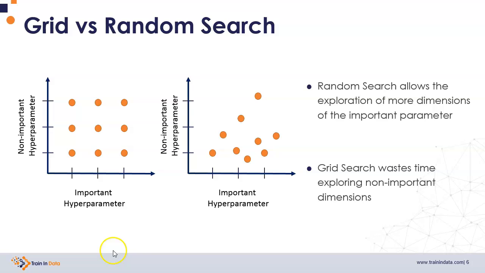Now imagine, as I show in this illustration, that we have a very important hyperparameter which takes continuous values, and then a non-important hyperparameter also with continuous values. Now in a grid search, first we need to specify which values of each hyperparameter we want to sample, and then the grid will establish all possible combinations of those given values and examine them all.